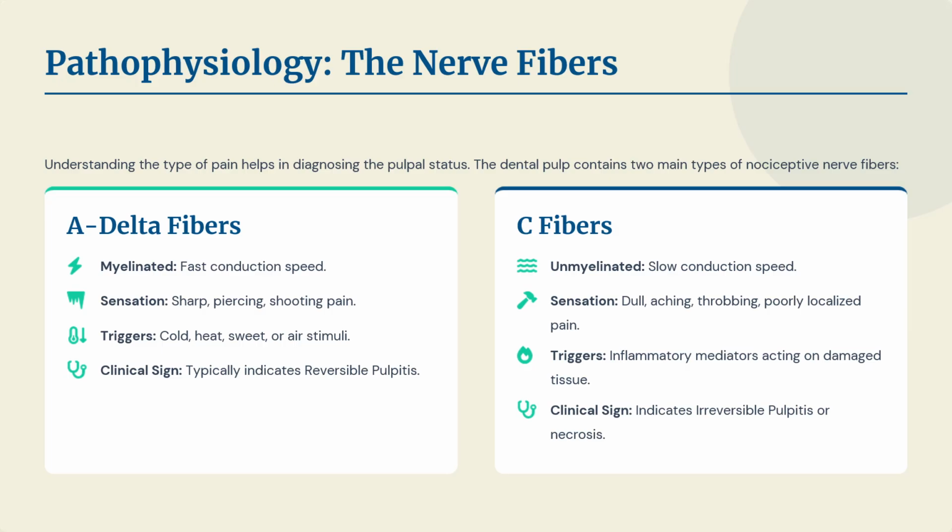The clinical sign of A delta fibers is usually reversible pulpitis. The pain from reversible pulpitis is because of the A delta fibers, and the pain from irreversible pulpitis or necrosis is because of C fibers. So if you have gone through endodontics properly, based on the origin of pain, we should be able to identify which one is from A delta and C fibers.